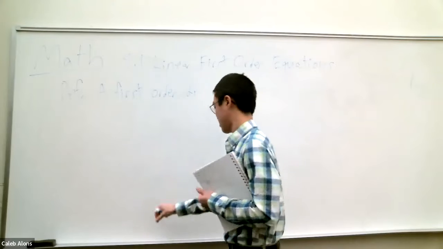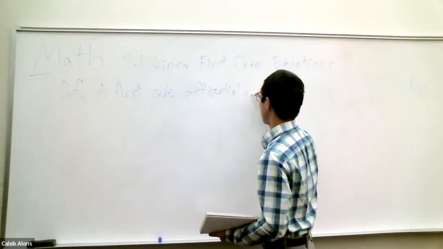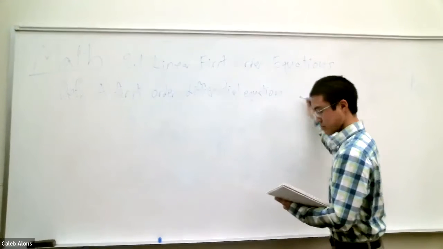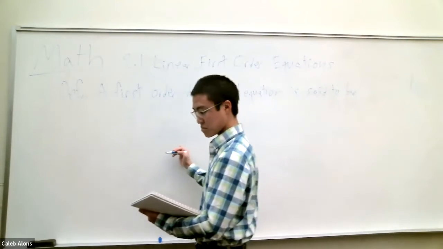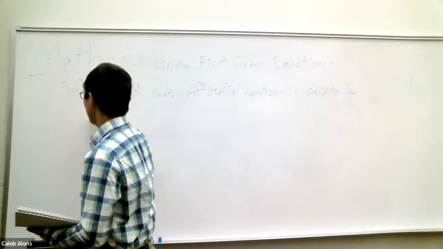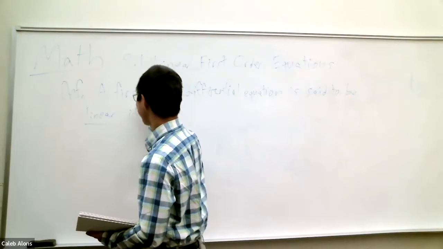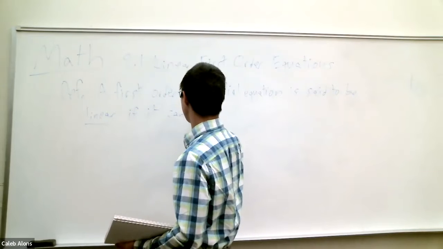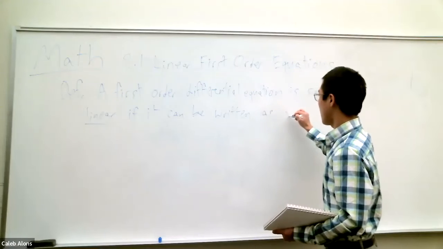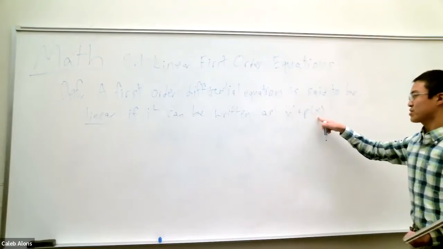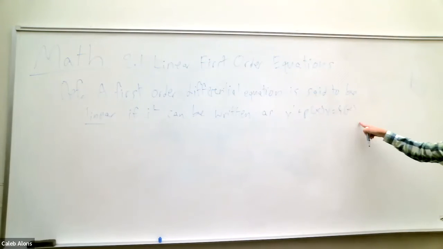This differential equation is said to be linear if it is written as y prime plus a function p with respect to x times y is equal to some function that is also with respect to x.